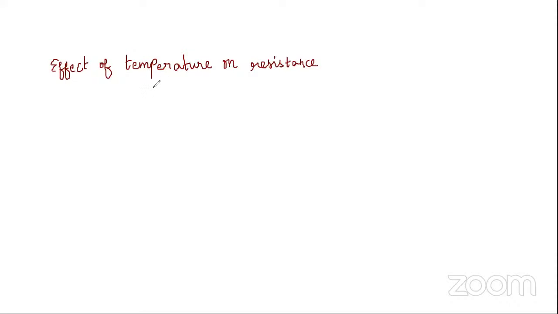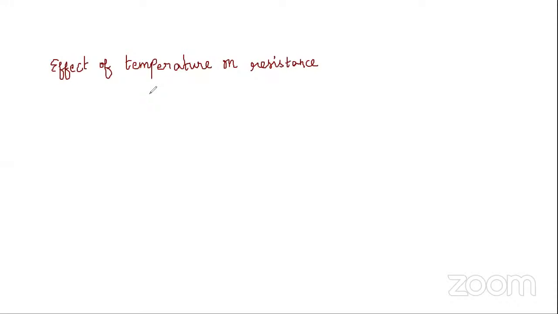Because while discussing Ohm's law, I told you that Ohm's law is applicable only when the physical conditions remain constant. That means the temperature also should remain constant. Only then Ohm's law is applicable. So that means when the temperature changes, there will be changes in the resistance value of a conductor. So whenever there is a change in temperature, how does the resistance of that conductor vary?